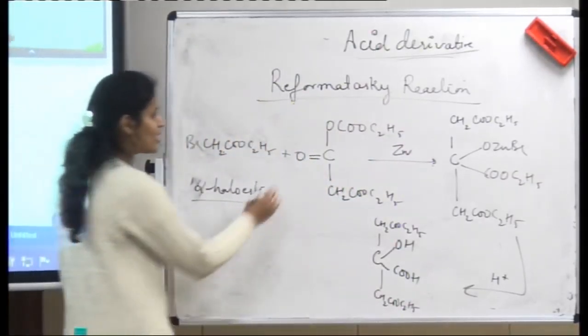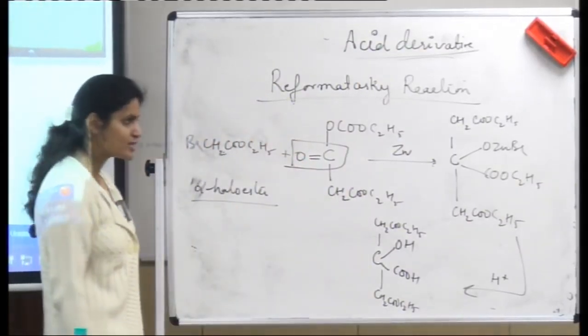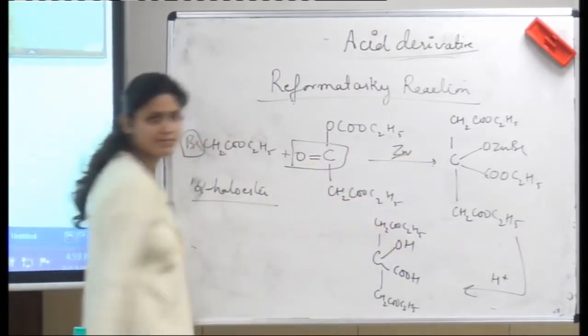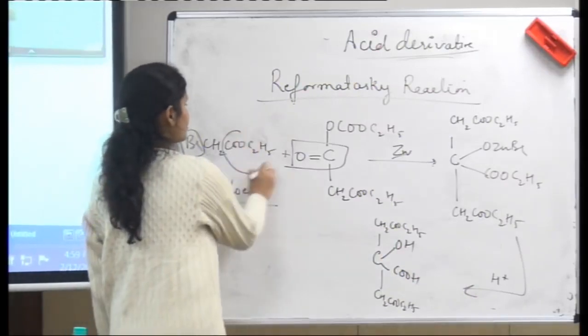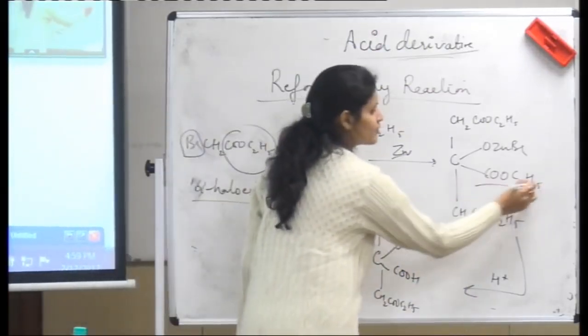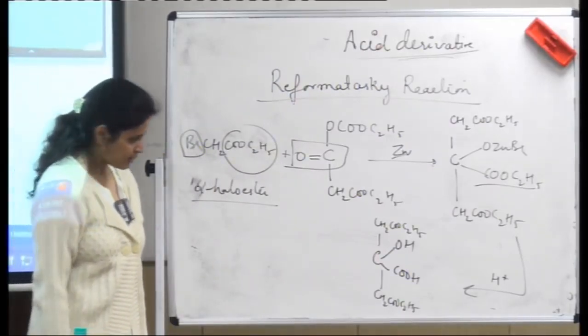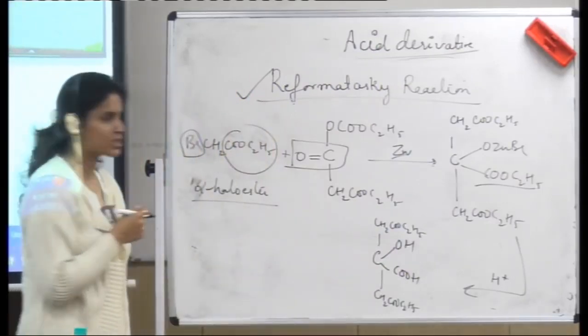So basically you have reduced this carbonyl group using the bromo compound and the zinc metal, right? And you have added this alkyl group to it, which has been hydrolyzed further, right? This is known as the Reformatsky reaction.